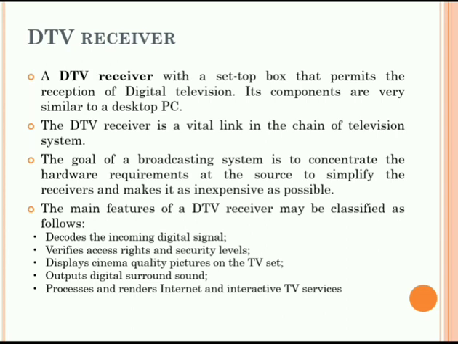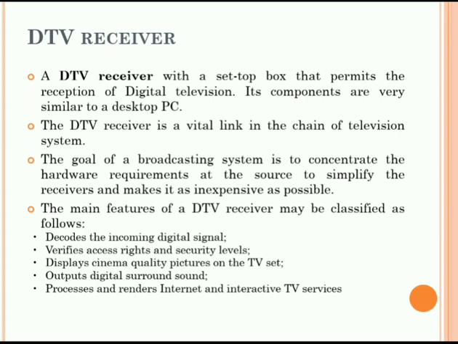The DTV receiver is a vital link in the chain of the television system. The goal of the broadcasting system is to concentrate the hardware requirements at the source, to simplify the receivers and make them as inexpensive as possible.